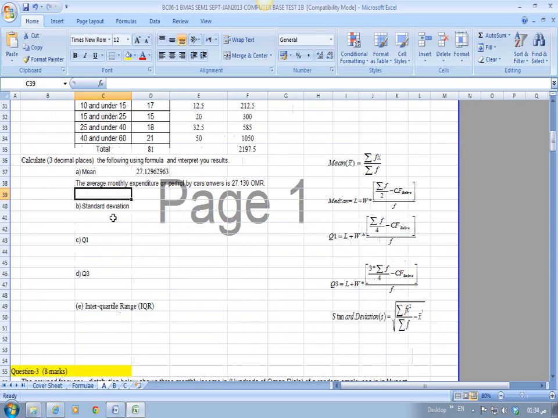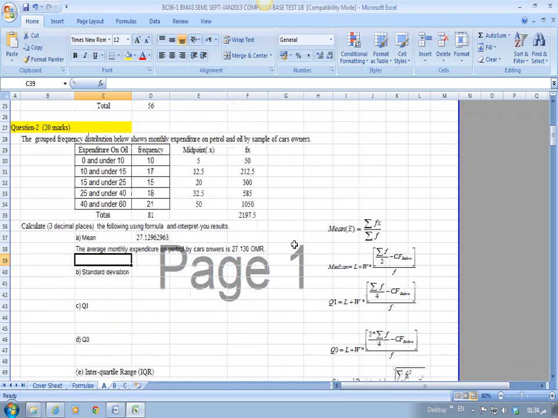Okay. Next is to calculate the standard deviation, and here is the formula of the standard deviation: the square root of sigma fx squared divided by sigma f, minus x bar squared. So for fx squared, it means that here we need another column, which is f x squared. Fx squared means that x is squared, x multiplied by x.